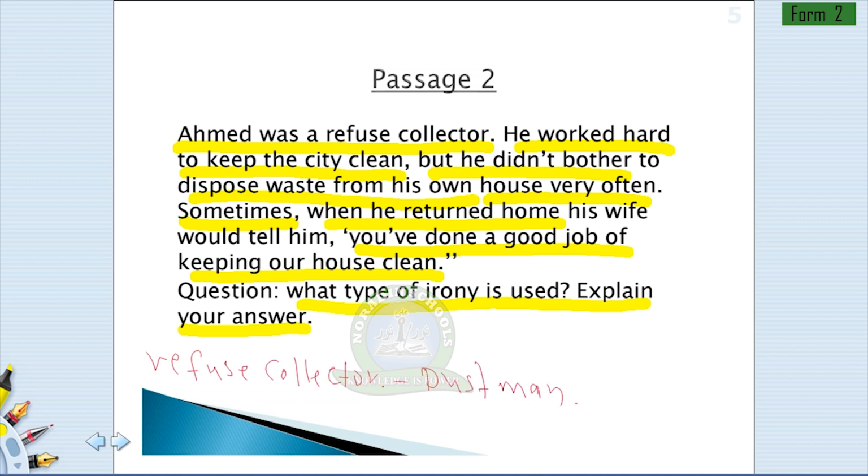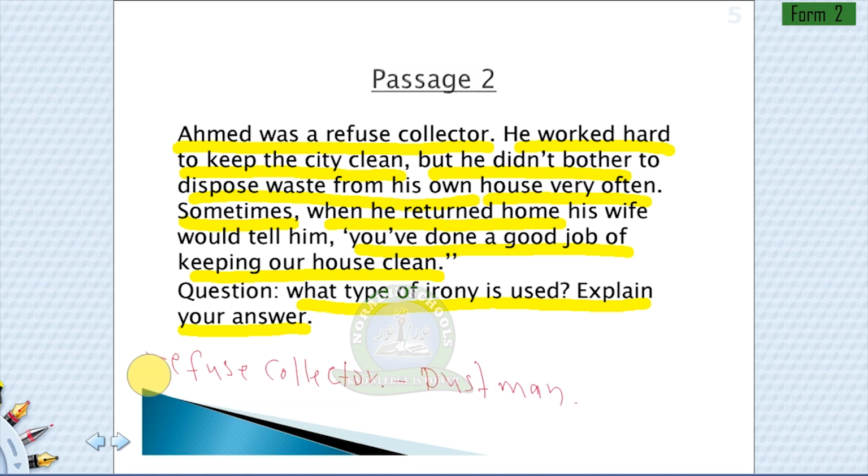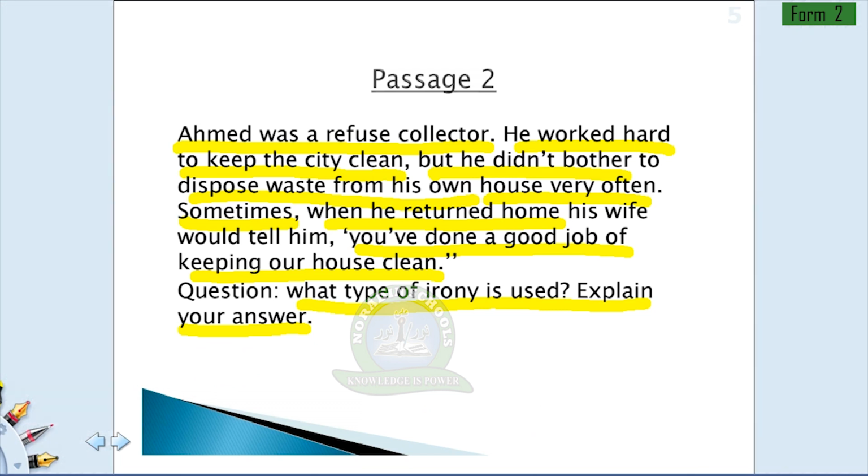Yes, well done. And as we have seen before, this is also a fable irony.